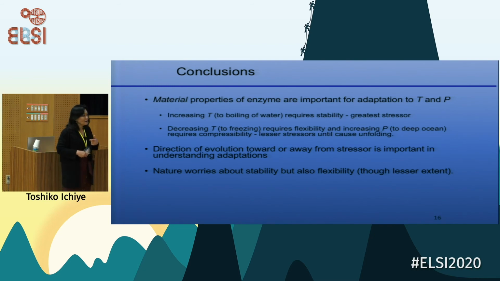And sort of in regard to that first question I started talking about, what the protein matrix is about. One of the things I've tried to show you is that nature is actually worrying not only about the stability of the protein, the scaffold, but its flexibility.